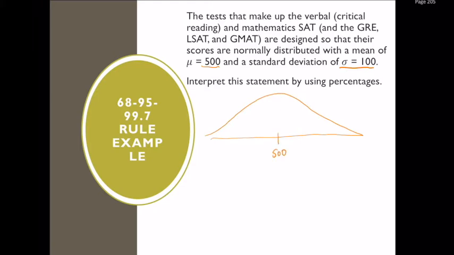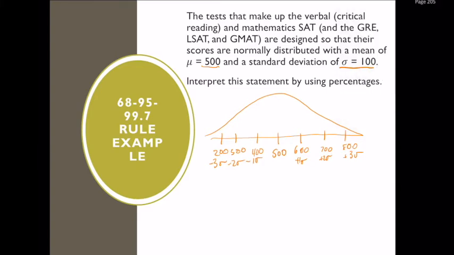I want to go up 1, 2, 3 standard deviations, and I want to go 3 standard deviations below. So that puts me at 600, 700, 800, 400, 300, 200.